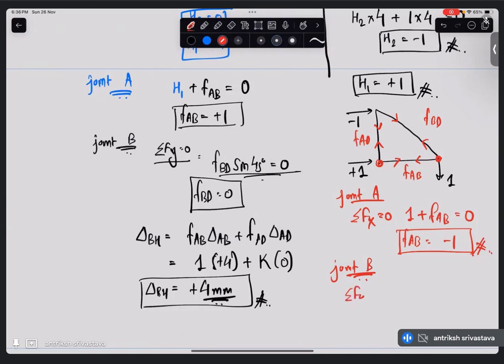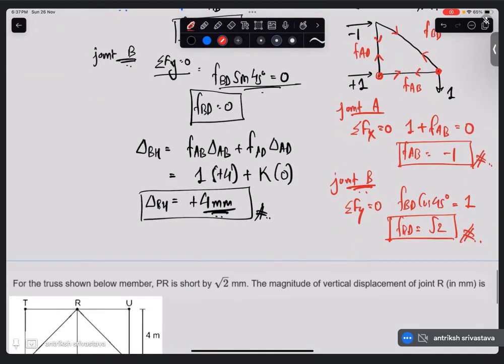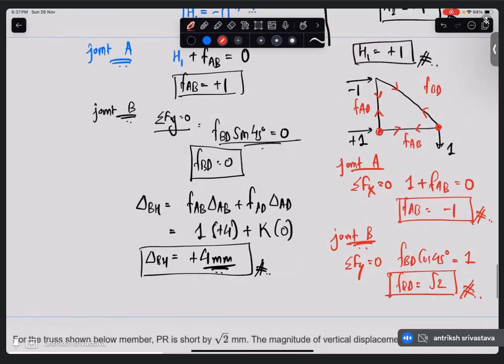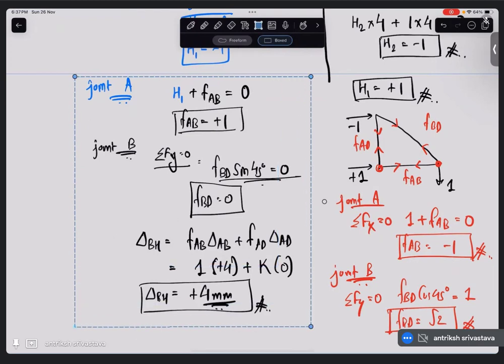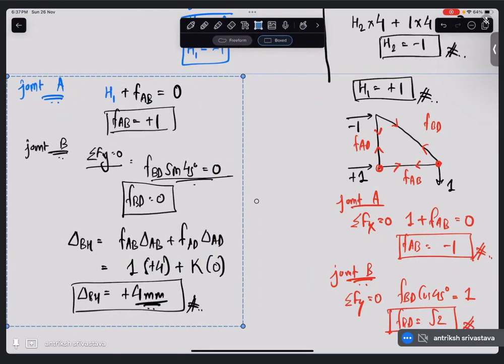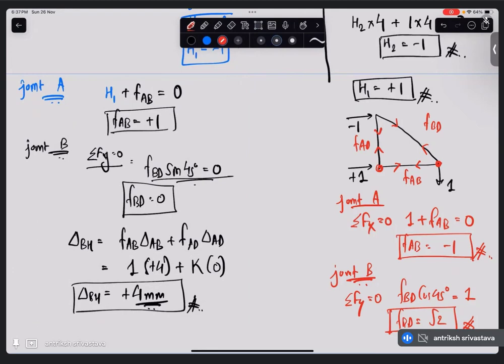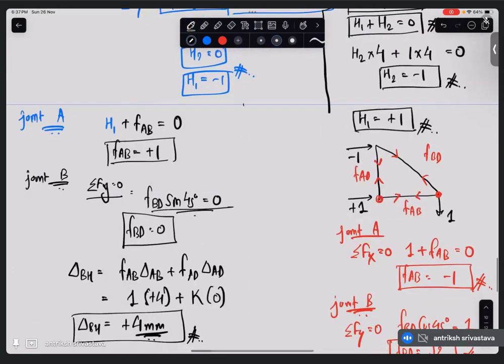If we put sigma Fy equal to 0, we easily get FBD cos 45 degree is equal to 1, so FBD is equal to root 2. So if we know these two, let me move this a little bit to the left side and continue this horizontal line.